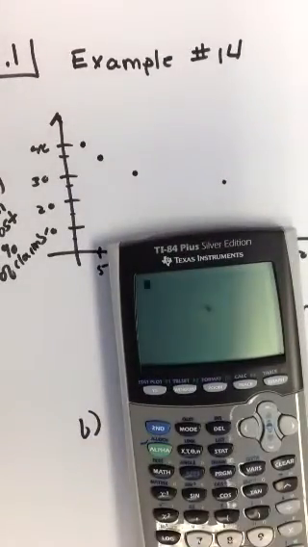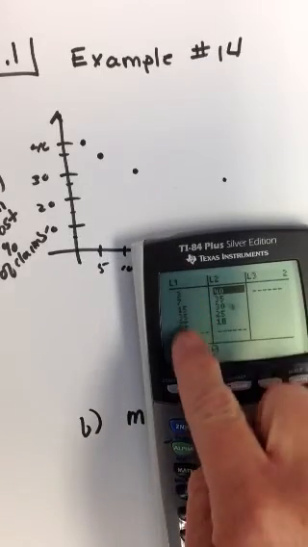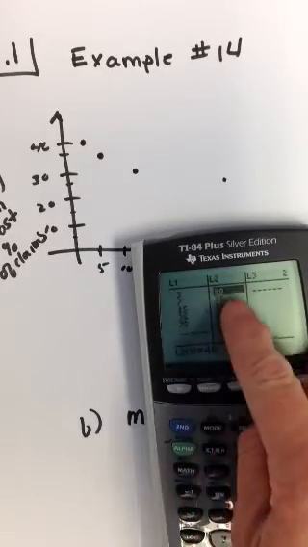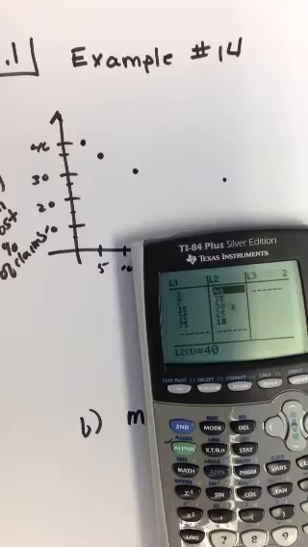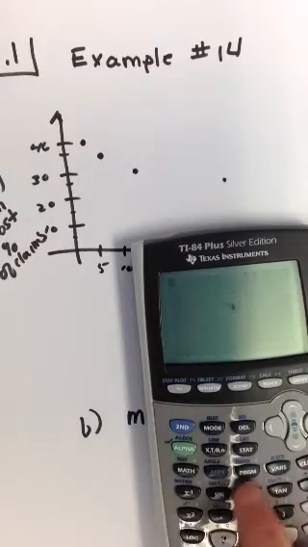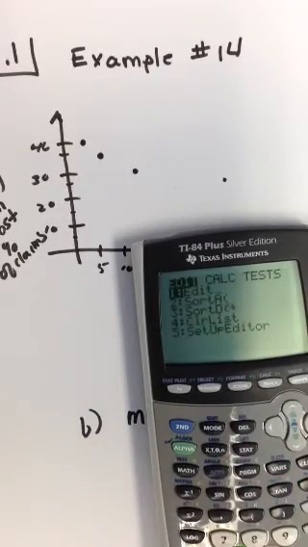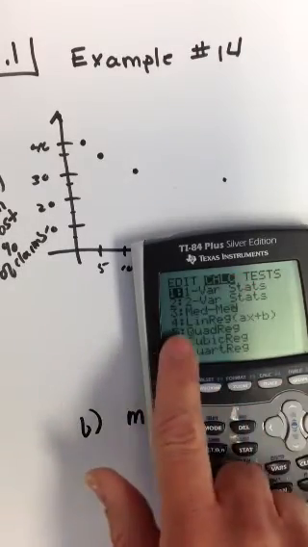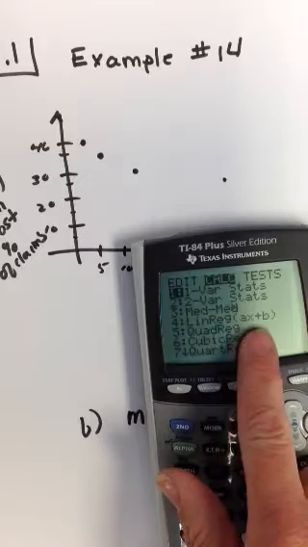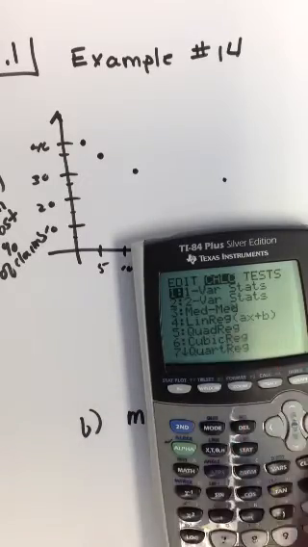So in our calculator, we want to go into Stat, into Edit, and put your X values in L1 and your Y values in L2. Then we're going to go back to our favorite button, Stat. Instead of going to Test, we're just going to go to Calc. Number 4 says LinReg ax plus b. We're doing linear regression.